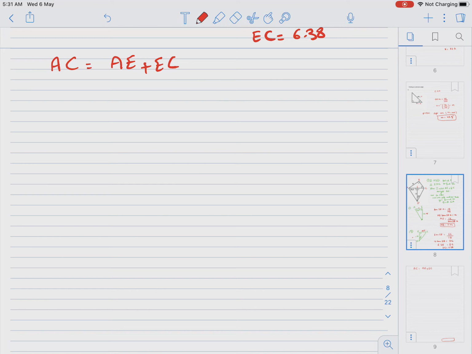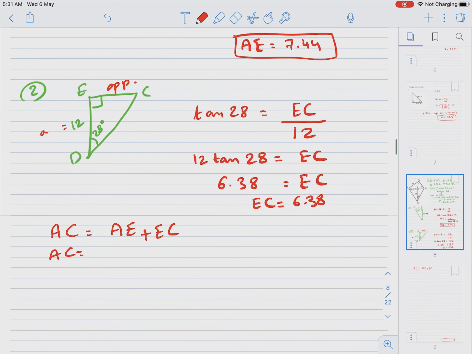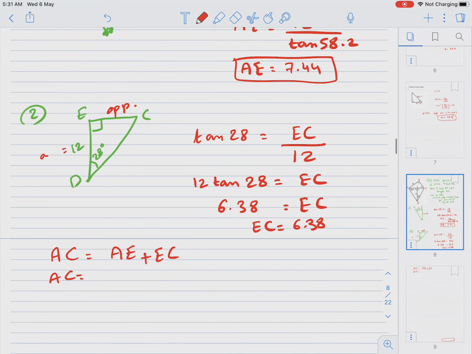So I add them, and AC is equal to 7.44 plus 6.38, and this will equal 13.82.